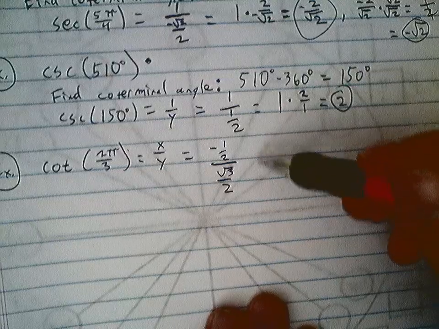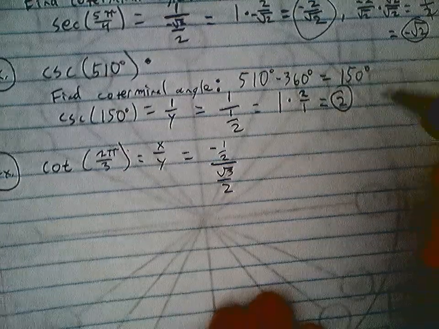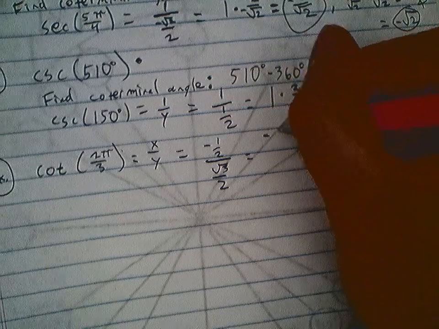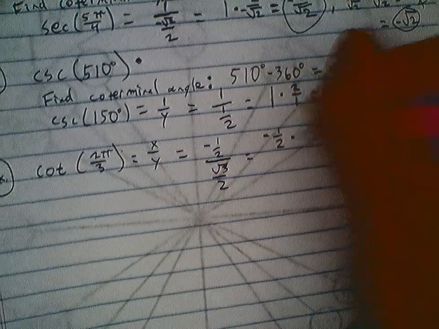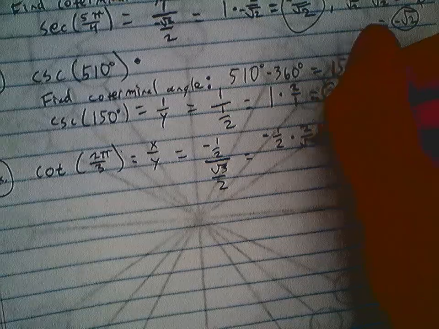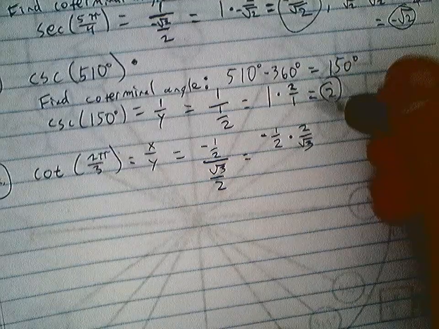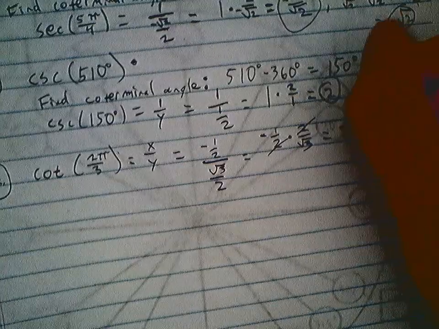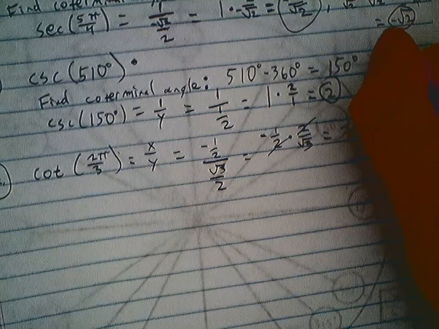So we can definitely simplify this a little bit. Let's go ahead and multiply by the reciprocal. When we do that, we can cancel these 2's, and we're left with negative 1 over square root of 3.